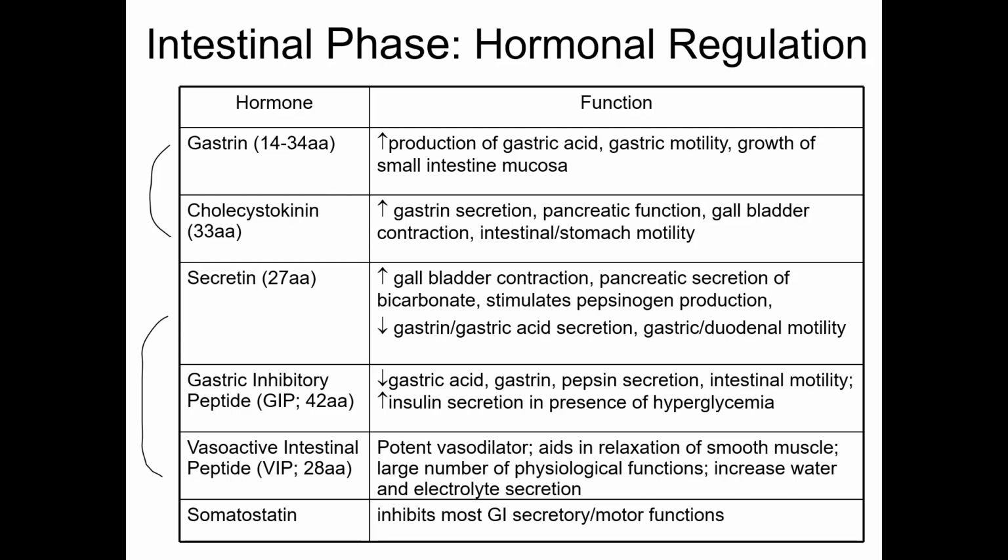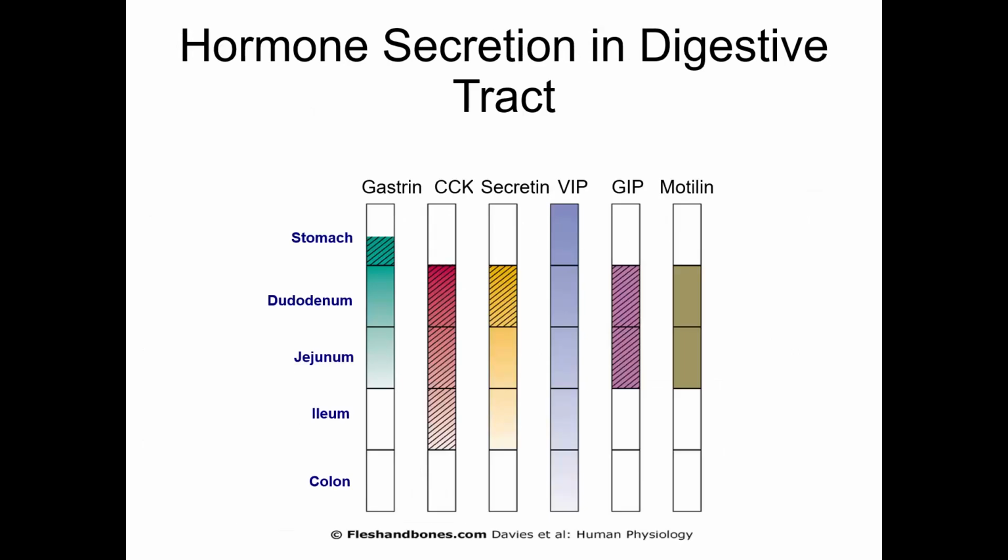It aids in the relaxation of smooth muscle, a large number of physiological functions, including increase in water and electrolyte secretion. Somatostatin inhibits most GI, secretory, and motor functions. So this is where you can see where they are most active in the stomach, duodenum, jejunum, ileum, and colon. And you can take a look at where these different hormones are active.